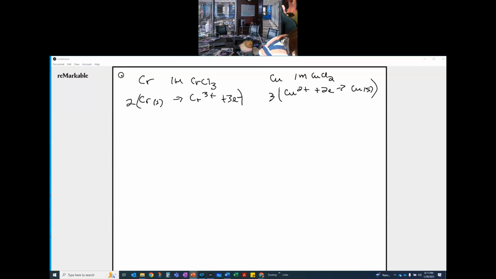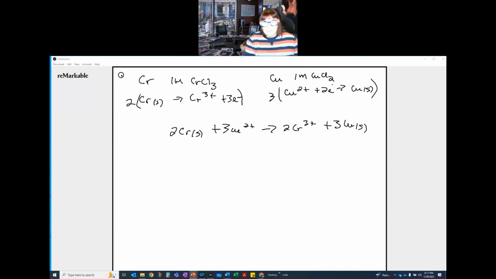This feels familiar, doesn't it? 2 Cr solid plus 3 Cu2+ goes to 2 Cr3+ plus 3 Cu solid, and those electrons will cancel after we've done our math. That's good, because they need to. So that's my overall cell reaction.